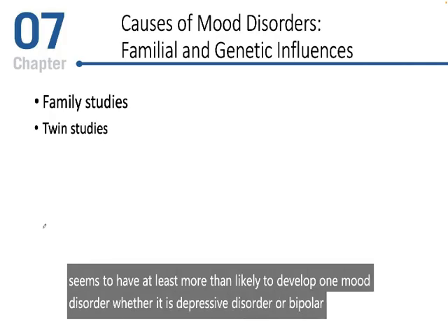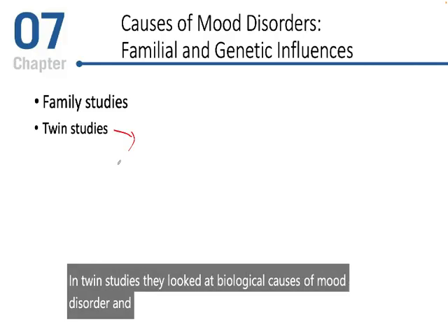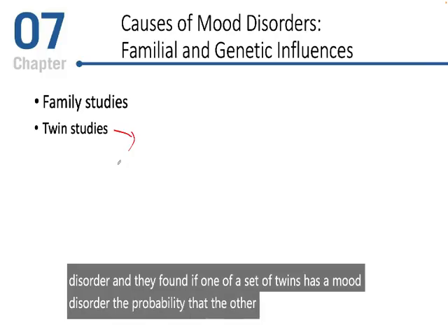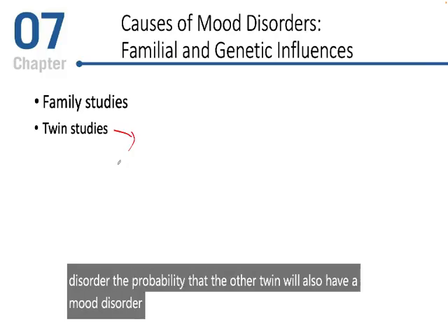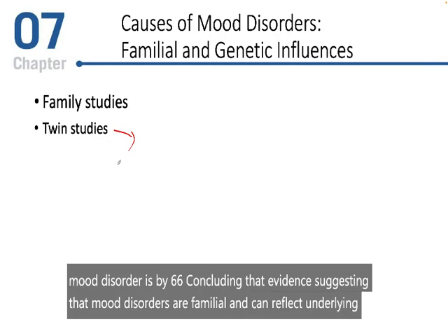And in twin studies, they looked at biological causes of mood disorder, and they found if one of a set of twins has a mood disorder, the probability that the other twin will also have a mood disorder is 66%, concluding that evidence suggests mood disorders are familial and can reflect underlying genetic vulnerabilities.